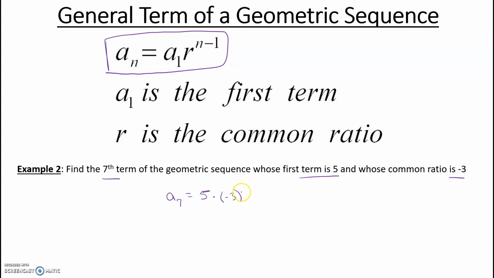And to the n minus 1, so 7 minus 1. Here we have 5 times -3 to the 6th. And then you type it in your calculator. You got 5 times 729, which is 3,645. You are definitely going to need calculators for this lesson.